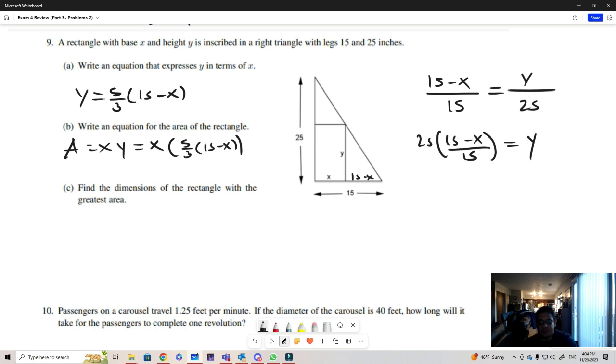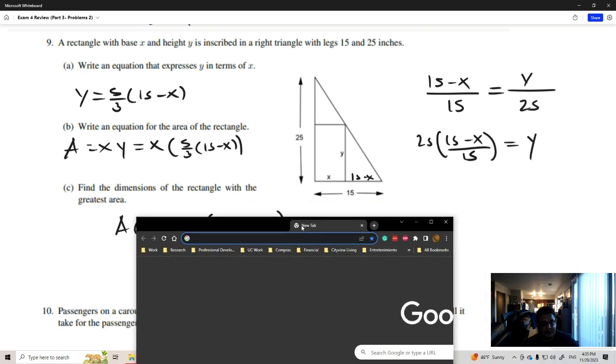And now with this, we can find the dimensions of the rectangle with the greatest area, since now the area is a function of x and this is going to be a quadratic function. So you can go with your calculator or your Desmos and find out where this is going to have the maximum point. So let's actually do that.